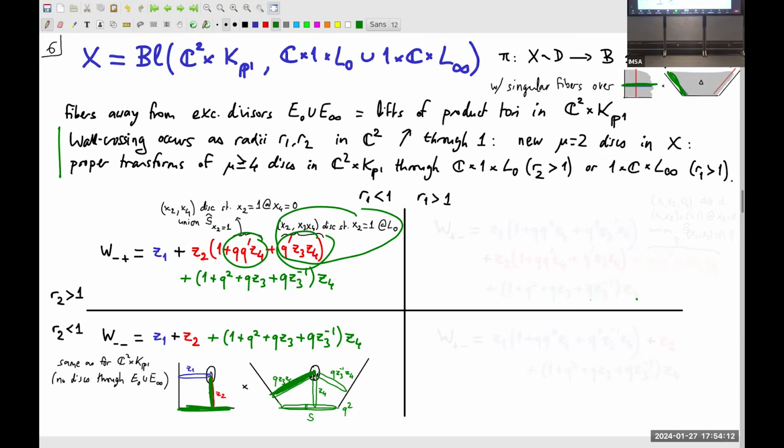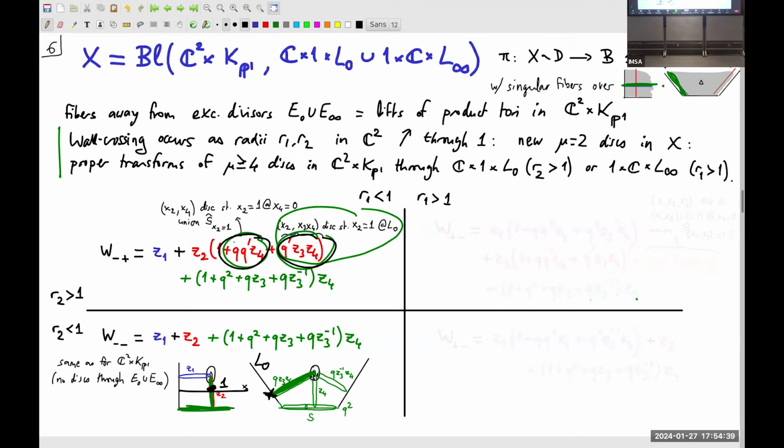But now there's something I can do, which is arrange to reparameterize the two factors relative to each other, so that when the second factor hits this L0 that I'm blowing up, the first factor is exactly at Z2 equals 1. And then, under blow-up, this will still be a Maslov 2 disk. And it contributes this extra term.